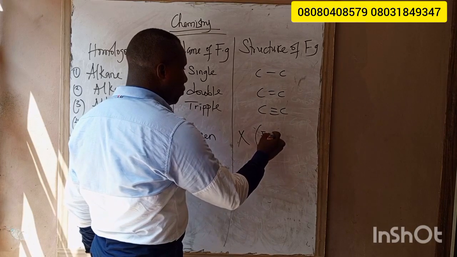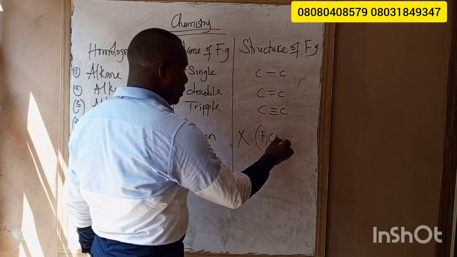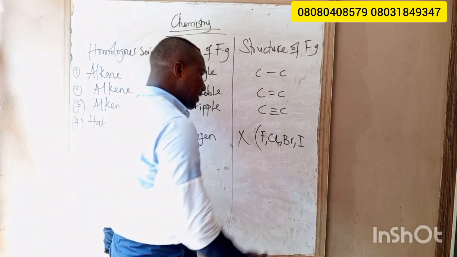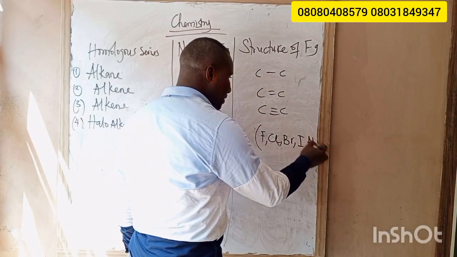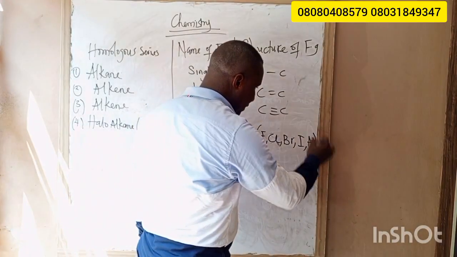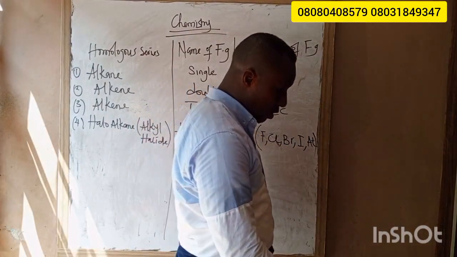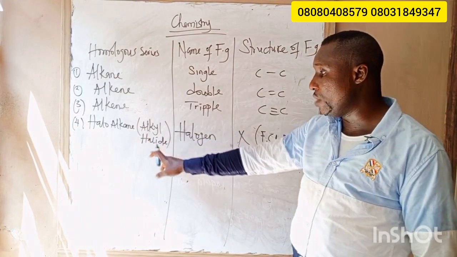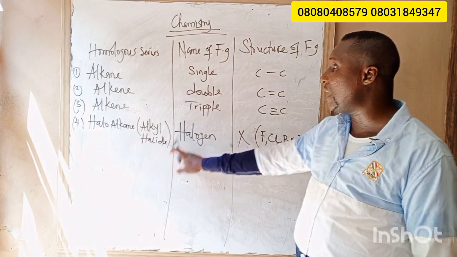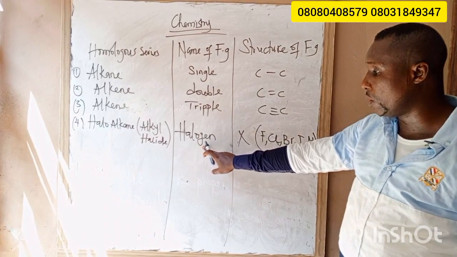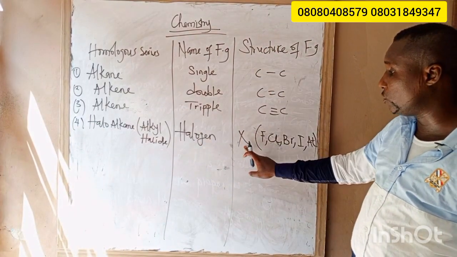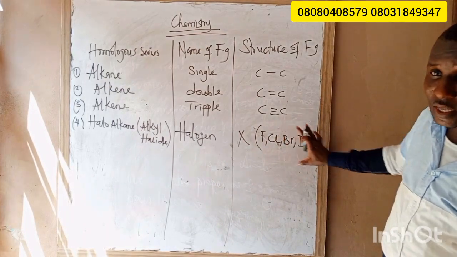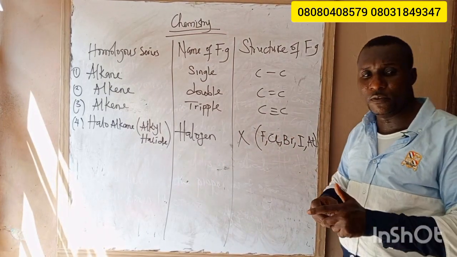Fluorine, chlorine, bromine, iodine, astatine, tennessine. Take note. X is the structure of the haloalkane, the alkyl halide. The name of their functional group is halogen. The symbol is X, and X could be any one of these. Let's move to the next one.